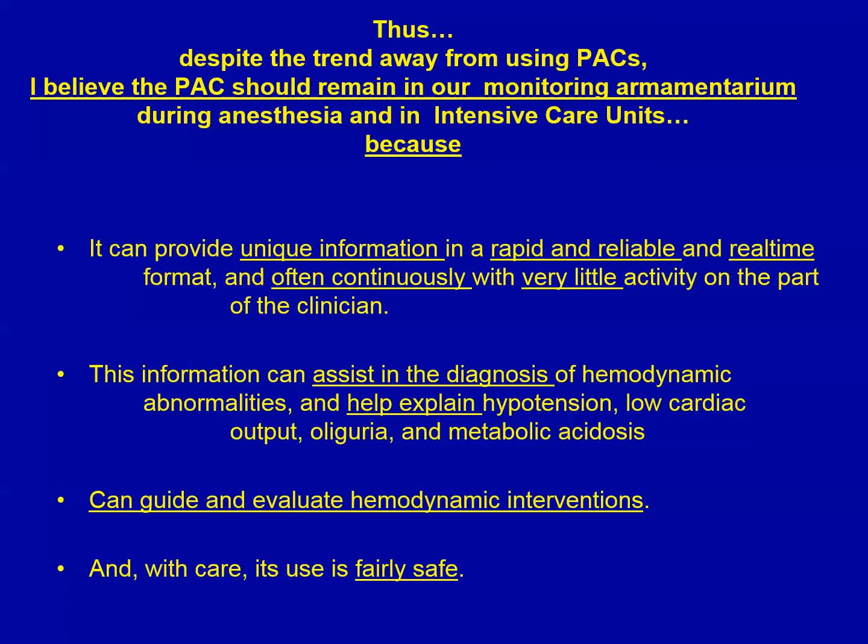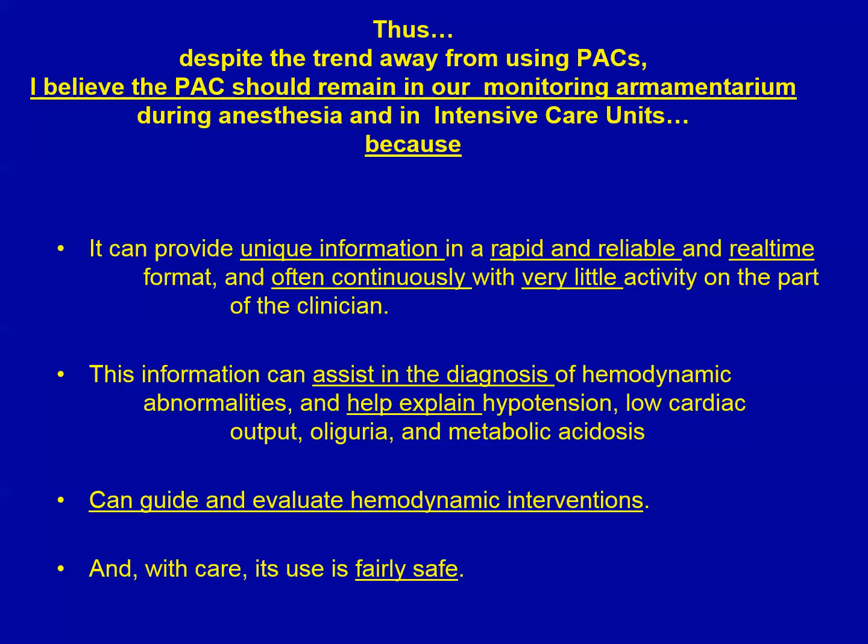Thus, despite the trend away from using pulmonary artery catheters, I believe pulmonary artery catheters should remain in our armamentarium of monitoring during anesthesia and intensive care, because it can provide unique information in a rapid and reliable and real-time format, often continuously, with very little activity on the part of the clinician.